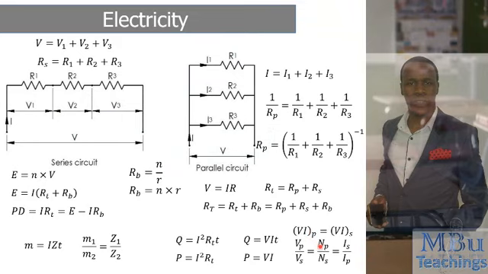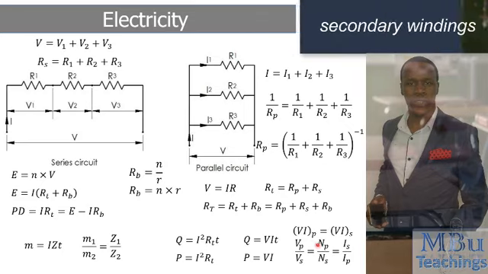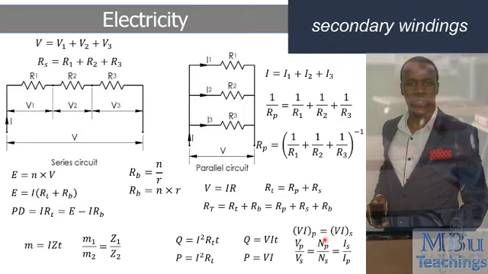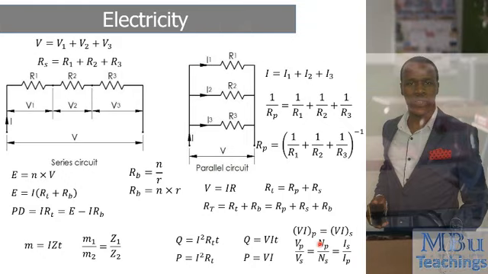So this is the number of turns in the primary winding, known as Np for the primary side. Ns, again, will be the number of turns of that copper wire around the core on the secondary side.